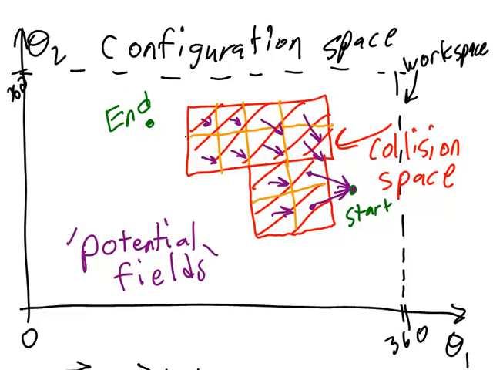So this end point will exert a large attractive force on the end effector. We break up each of these forces into their theta 1 and theta 2 components, and that gives us a resultant force on the end effector. The end effector will move in the direction of the resultant force.